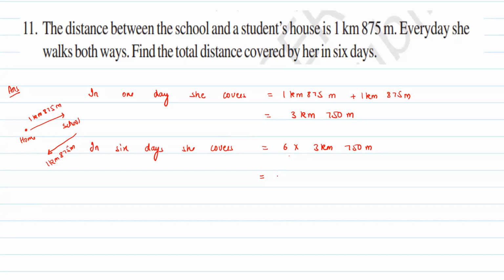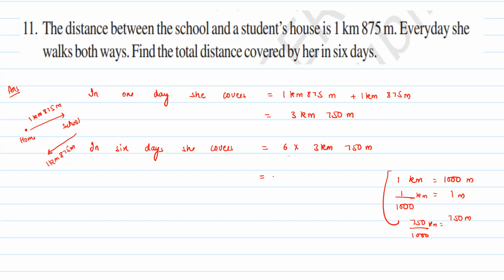I'm doing it because I do not want the answer to be too long in meters. So 1 kilometer is 1000 meters, which means 1 meter is 1 by 1000 kilometer. So 750 meters will be 750 by 1000 kilometers, sorry.